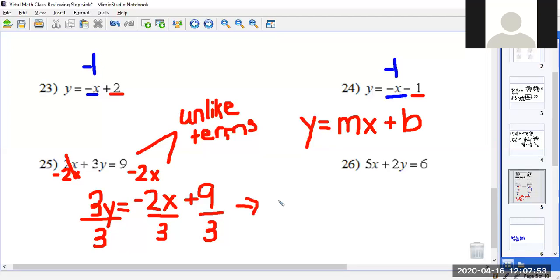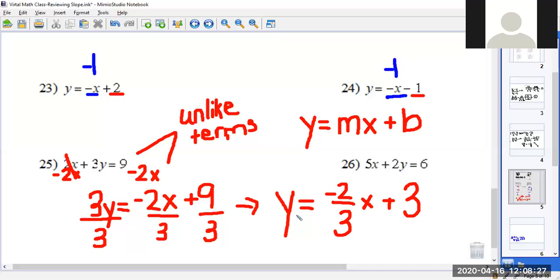All right. So now, once I do that, tell me what you got. You got y by itself equals negative 2x over 3 plus 3. After I have divided each term by 3, that cancels out.